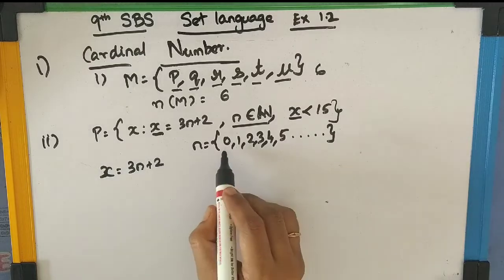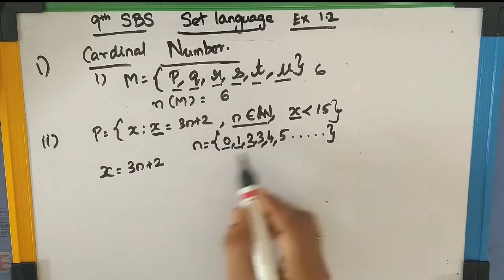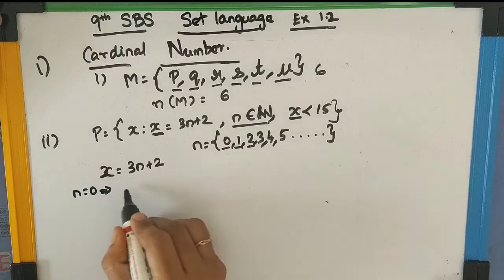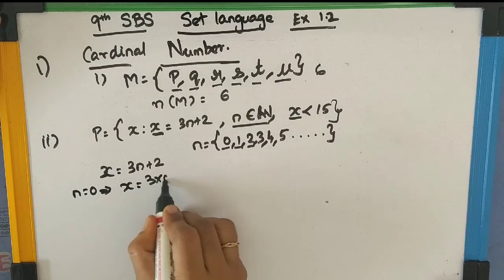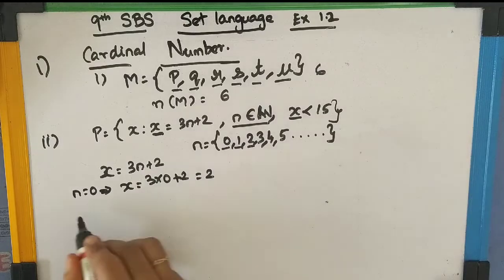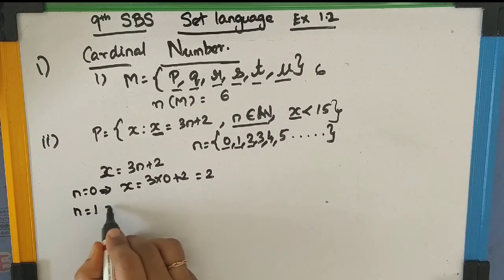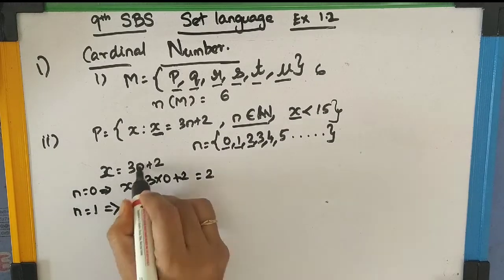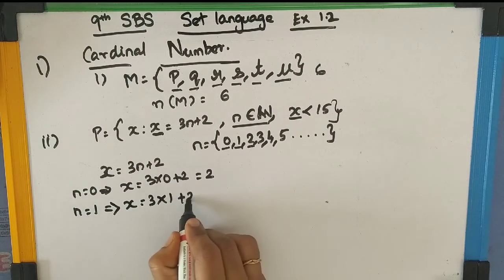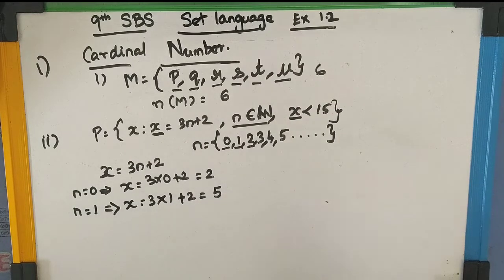Now, we have to substitute the n values in this formula. First, let's take n is equal to 0. So, x is equal to 3 into 0 plus 2. That is 2. Now, let's take n is equal to 1. So, x is equal to 3 into 1 plus 2. So, 3 into 1 is 3, plus 2, 5.